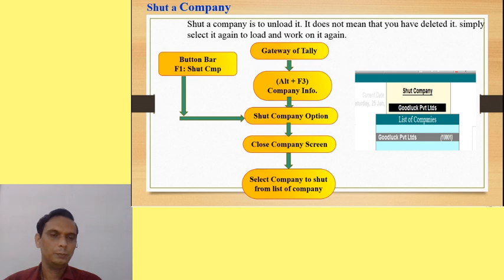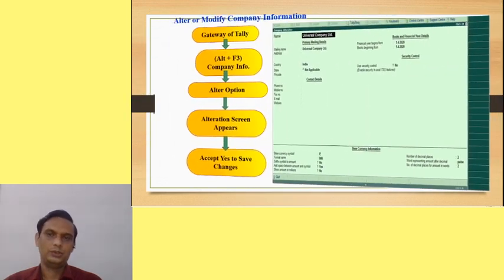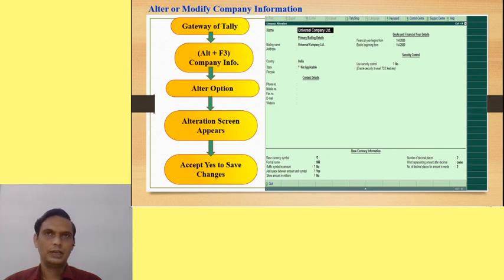The shut company menu will appear. Select the company which you want to close, and from the list of companies, the company will be shut or closed. It will not be displayed on our main screen, but we can access it another way.